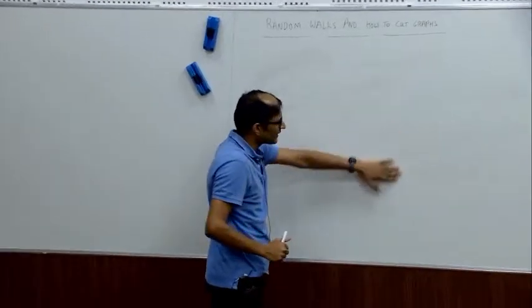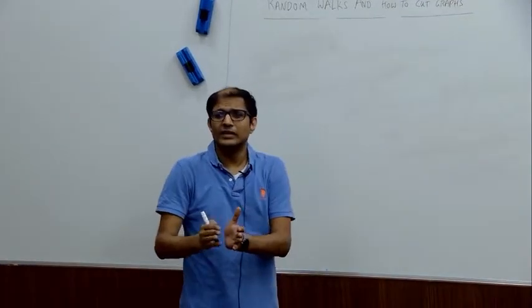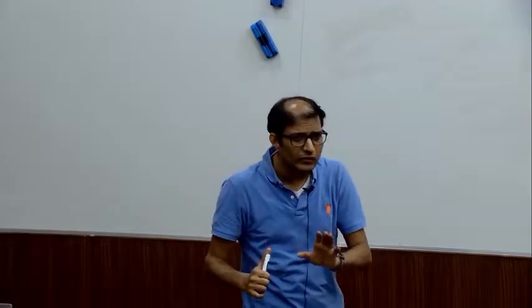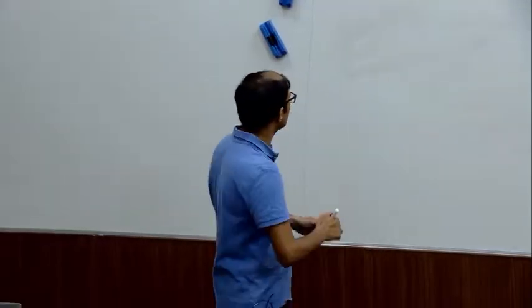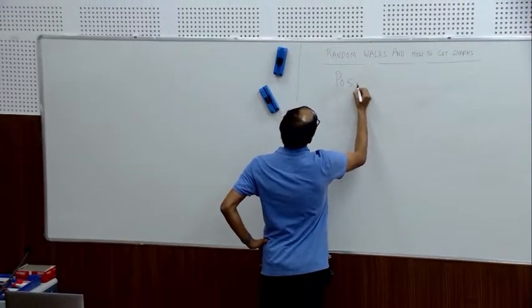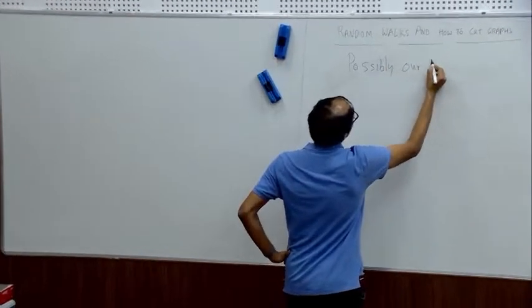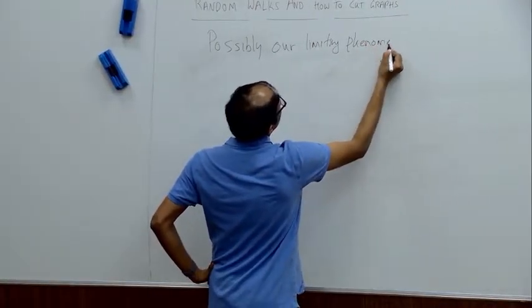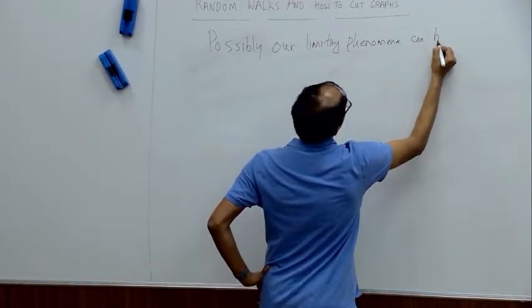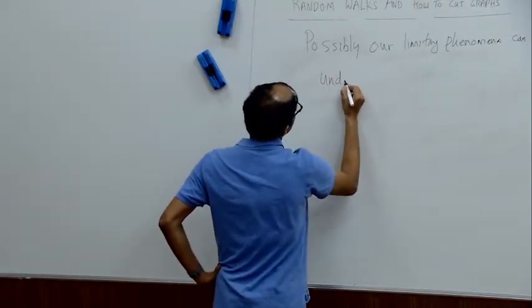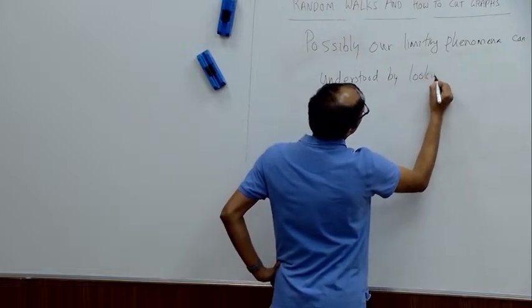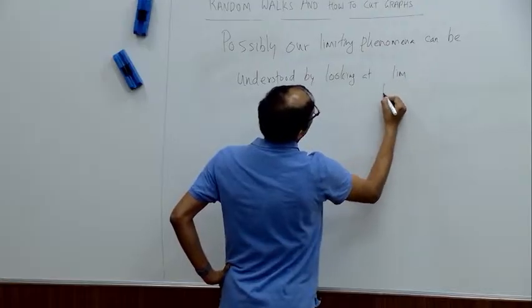So the idea is something like this. We already know that some limiting phenomena is what I want to show. Okay? This limiting phenomena somehow involves my Markov matrix. That I know. So maybe, just maybe, our limiting phenomena can be understood by looking at expressions of the following form.